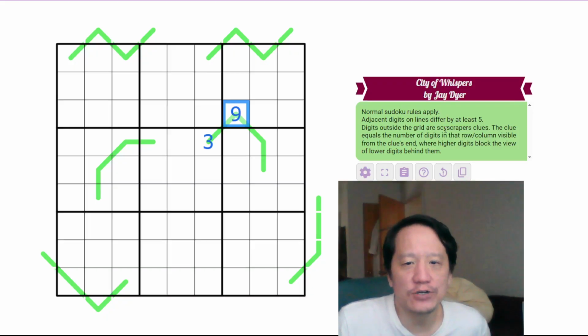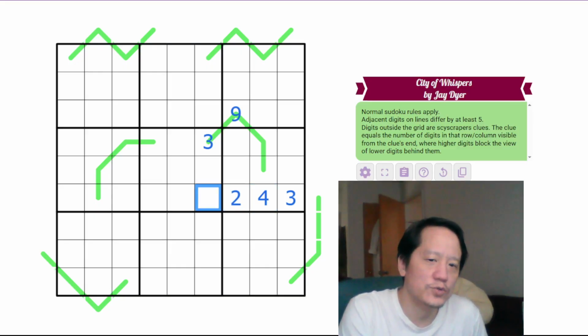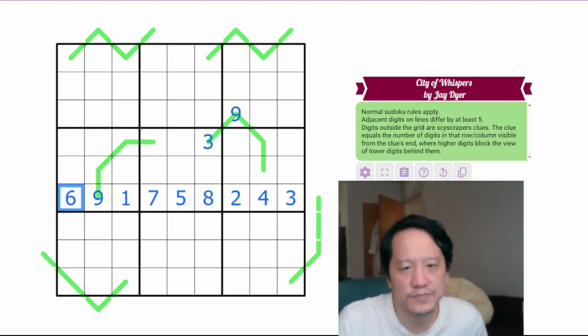Which means that the clue equals the number of digits in that row or column which is visible from the clue's end, where higher digits block the view of lower digits behind them. So let's just give an example. Say this was, I don't know, 2, 3, 4, 2, 8, 5, 7, 1, 9, 6.